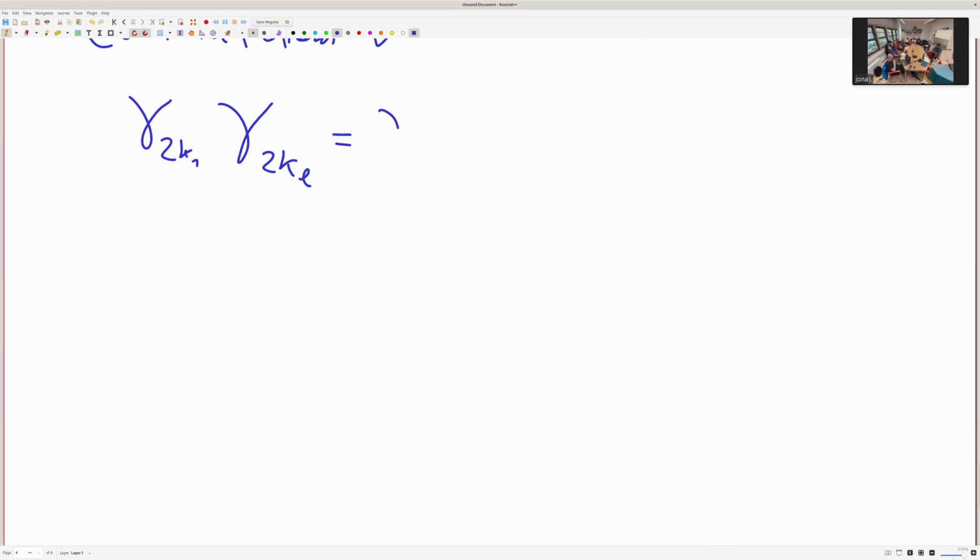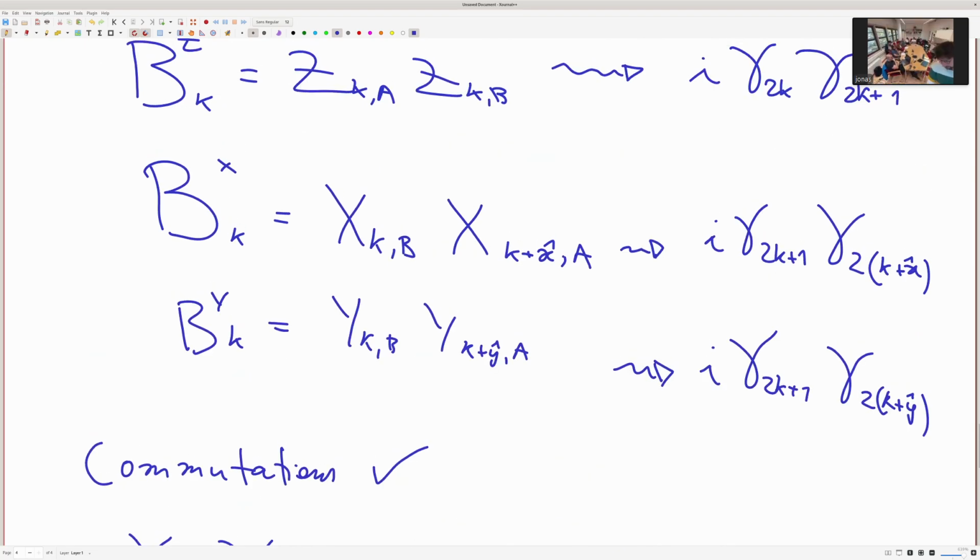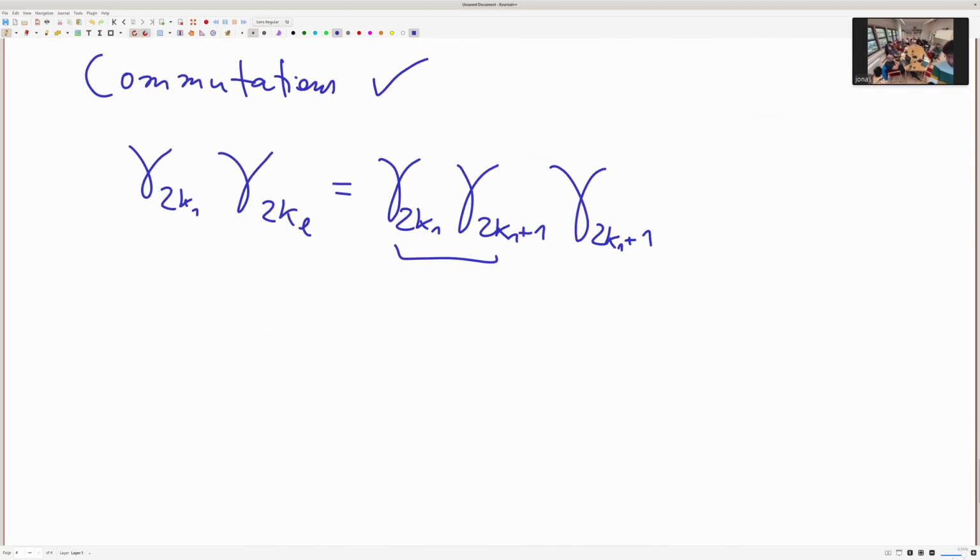I can copy gamma 2K1, and then I introduce, for example, gamma 2K plus 1. But this squares to the identity, so if I put it twice, I'm not doing anything. But I notice that this object here is exactly something of this form. So already one of these bond operators appeared. And then I continue here.